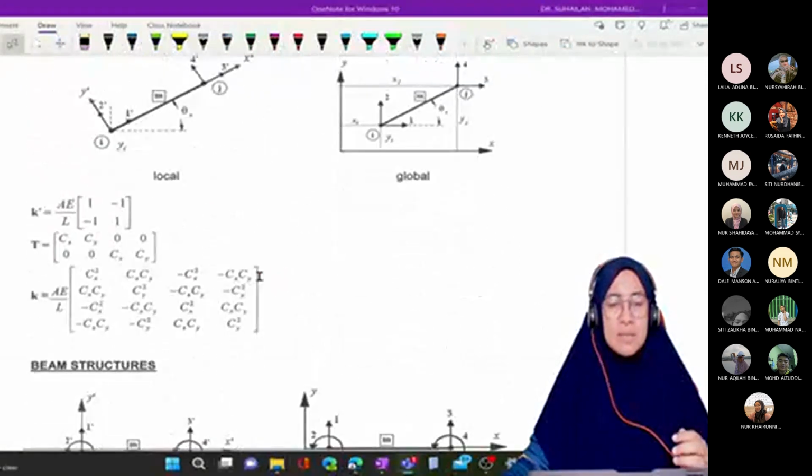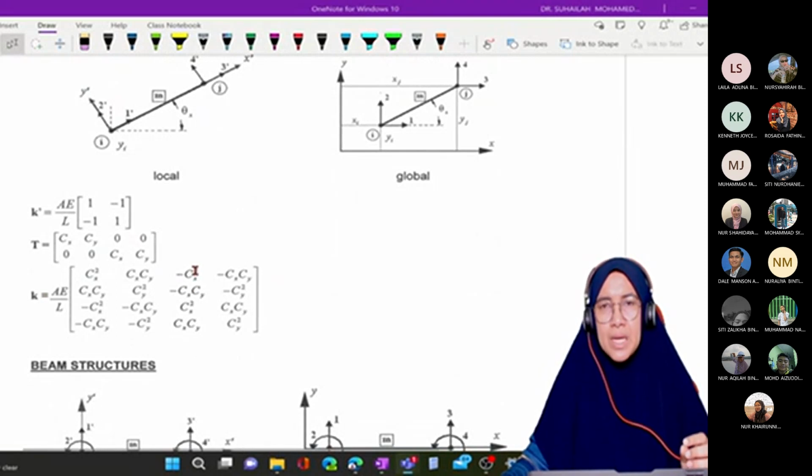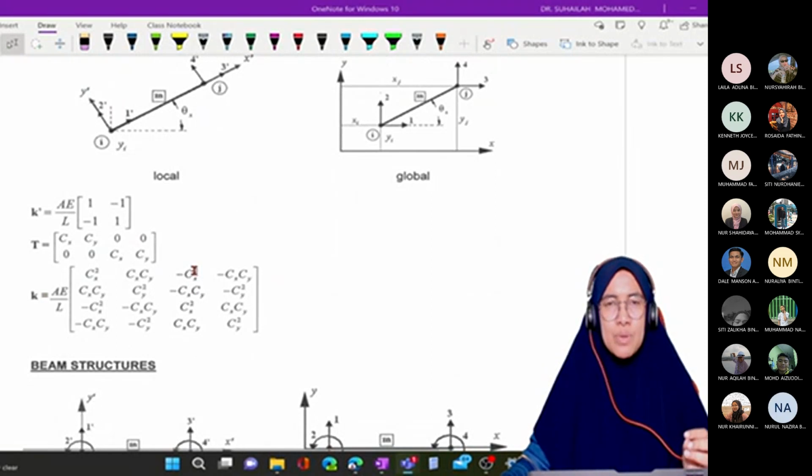In truss, the formula to calculate element stiffness matrix has Cx and Cy. Whenever there are Cx and Cy in the formula, it means that we have to put coordinates, because we will calculate Cx and Cy based on coordinates.